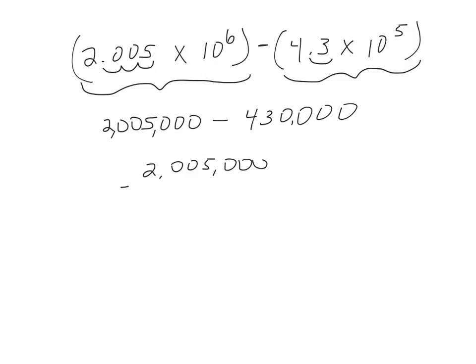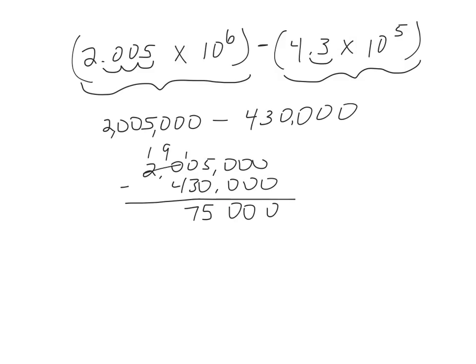Okay? Now, I need to subtract 2,005,000 minus 430,000. Okay? Just simple subtraction. We get 1,575,000. Okay? Now, we need to put our answer back in scientific notation.